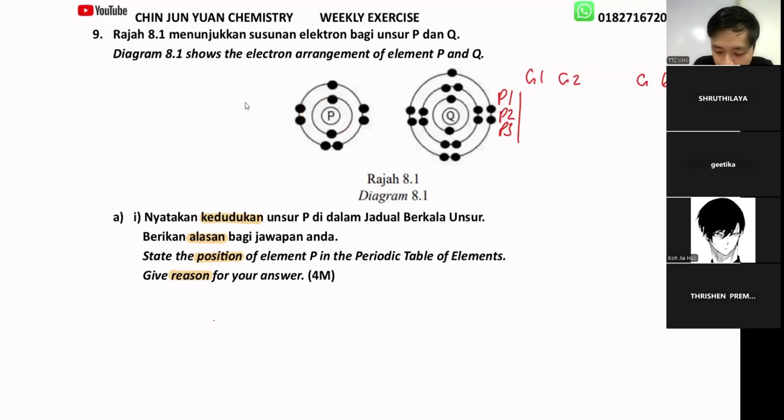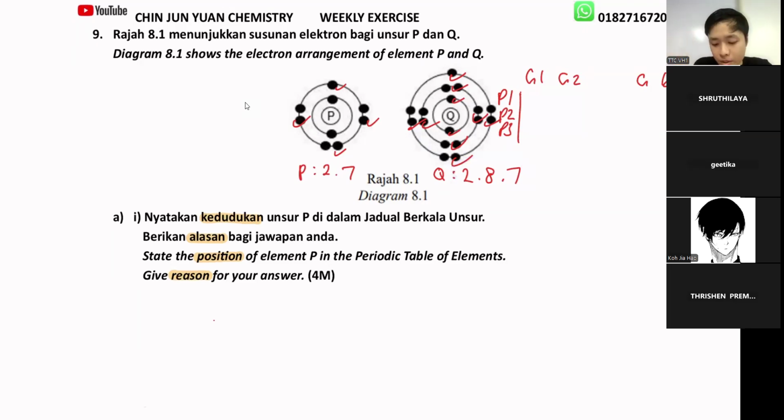First shell you have 2. So P is 2.7. Q is 2.8.7. So one is 2.7, one is 2.8.7.